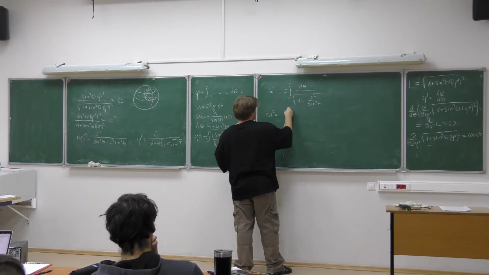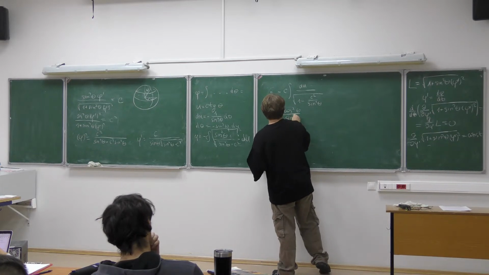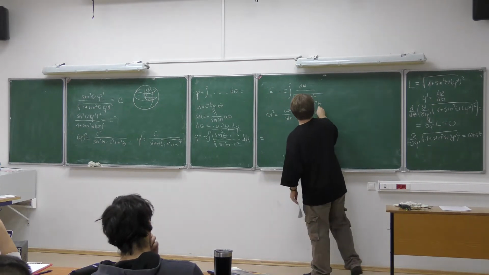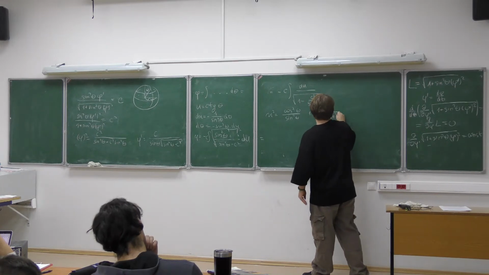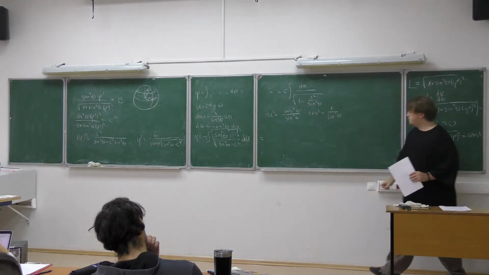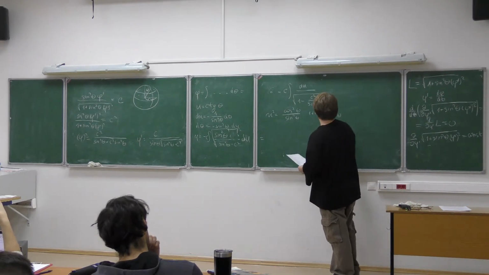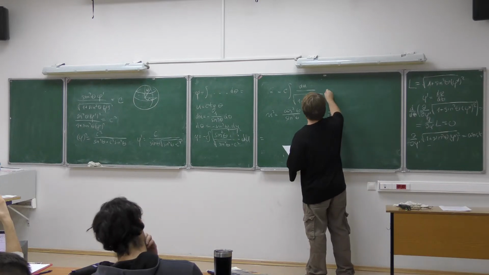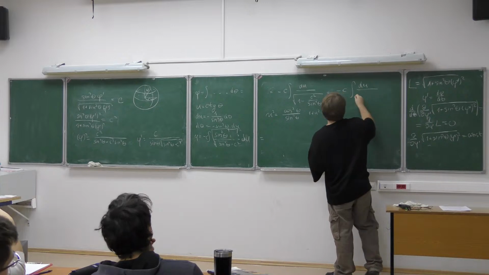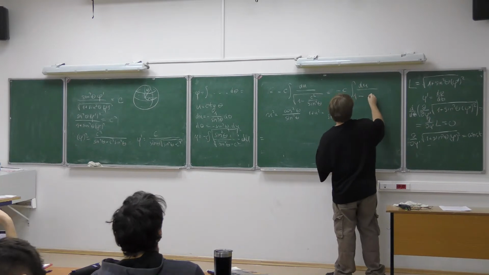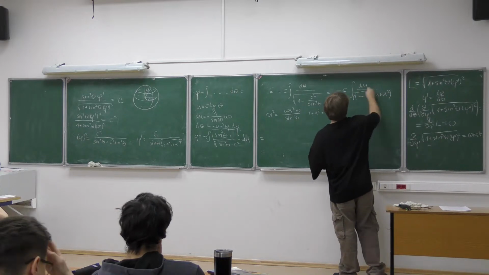Let's look at u squared: 1 plus u squared is just 1 over sine squared theta. So it's minus c du over the square root of 1 minus c squared minus c squared u squared.